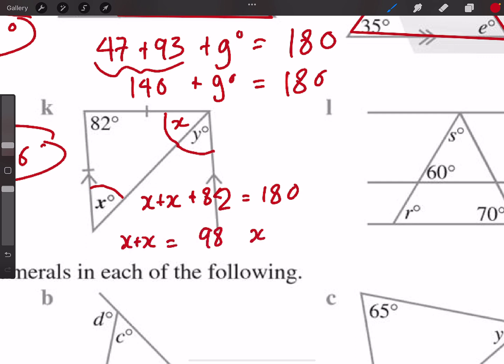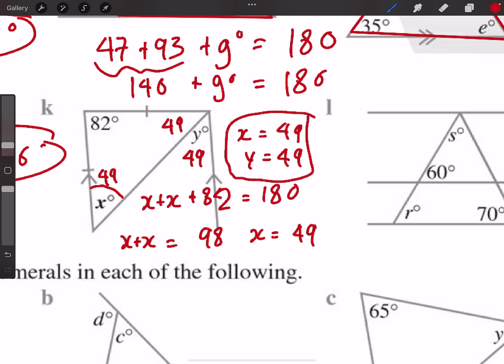Therefore X is equal to 98 divided by 2. That will be 49. So this is 49 degrees, and this is 49 degrees, and Y is also 49 degrees. So X equals 49 and Y is equal to 49. There are your answers for that.